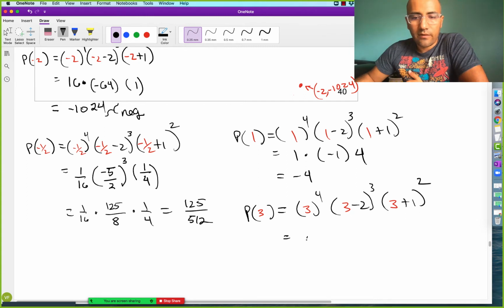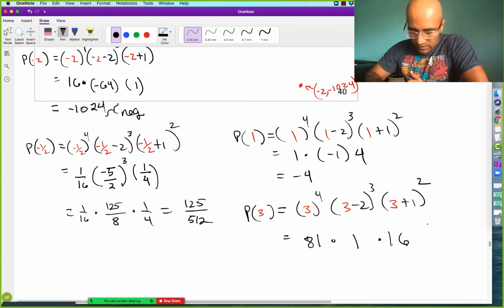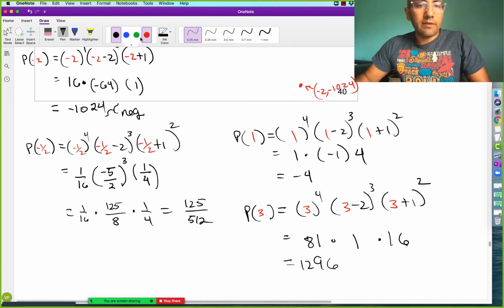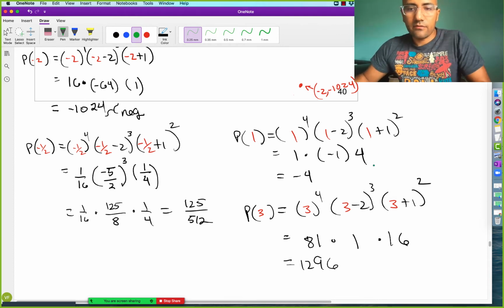Oh, to the 4th power, that's going to be 81. Times 1 to the 3rd power, that's just 1. And then 4 squared is 16. So it's 81 times 16, 1296. Good. All I really care about, the most dominant important thing here, is that it's a negative value.